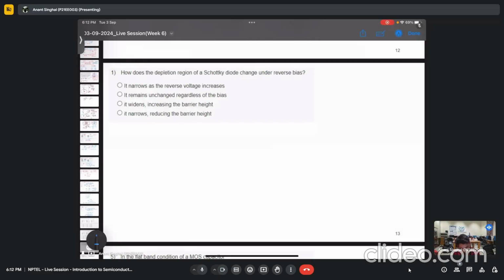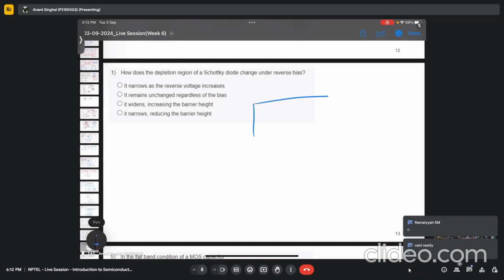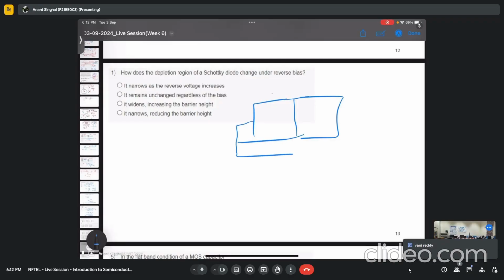The question is: how does the depletion region of a Schottky diode change under reverse bias? Can anyone tell what the answer will be? Yeah, I've already got C. That will be correct, as we have seen for any junction that if we apply a reverse bias, let's say this is PN, the holes get attracted here, and we have a widened region for the P side, and similarly a wider region for the N side.